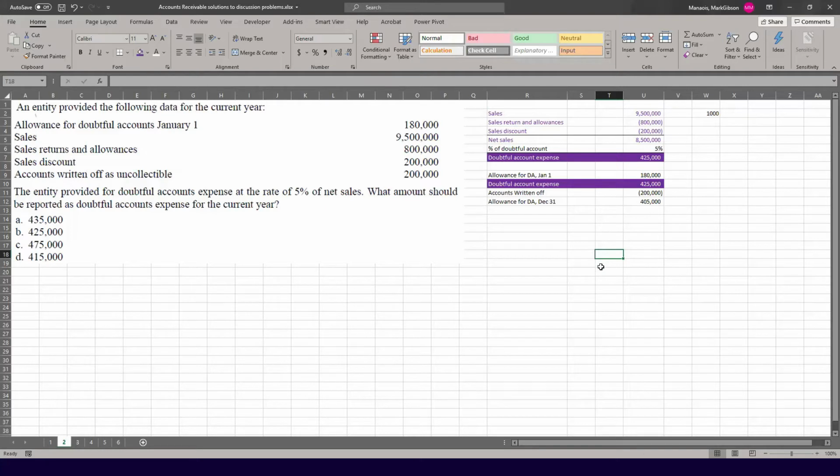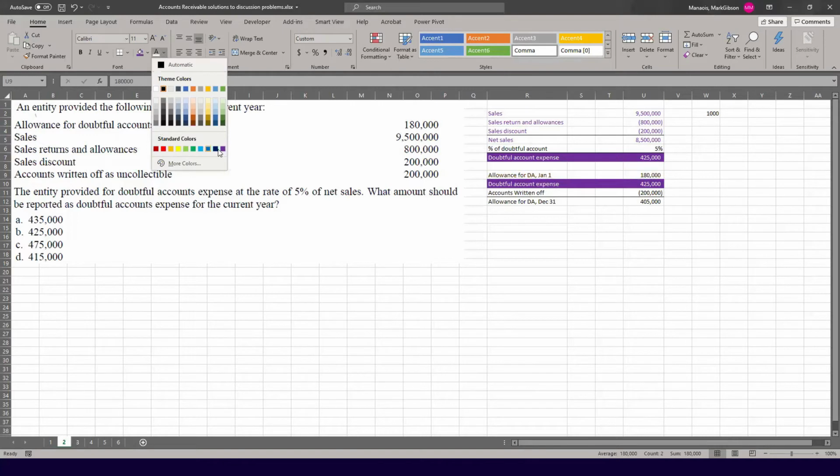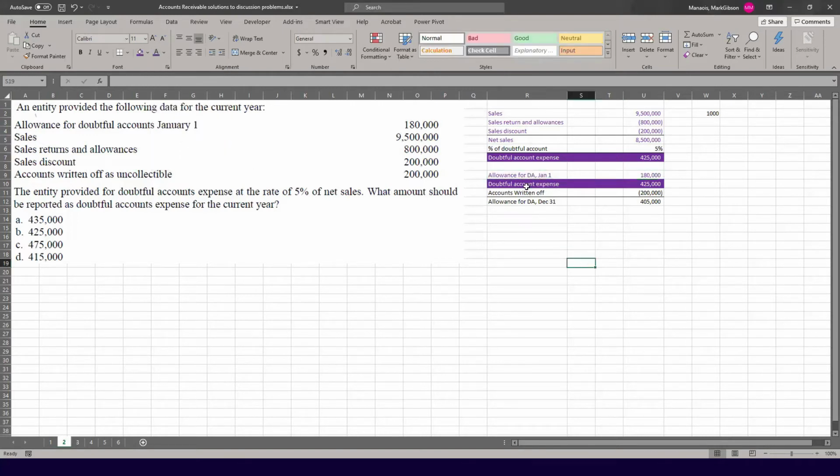Ngayon, class, given also this information, we can actually calculate for the allowance for doubtful account. No? So we have beginning balance of 180,000. And then the doubtful account expense is already calculated. You know? So lagay na lang natin dyan.